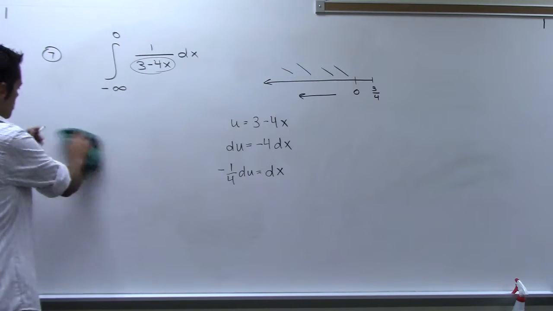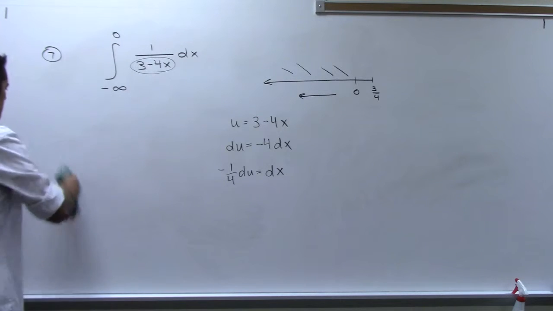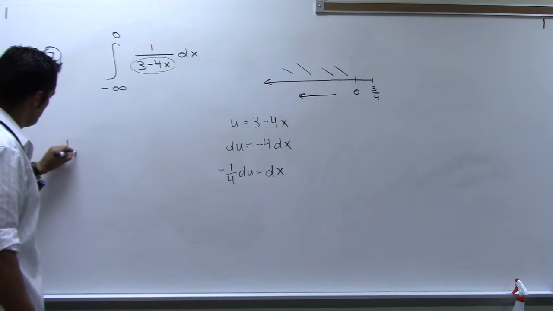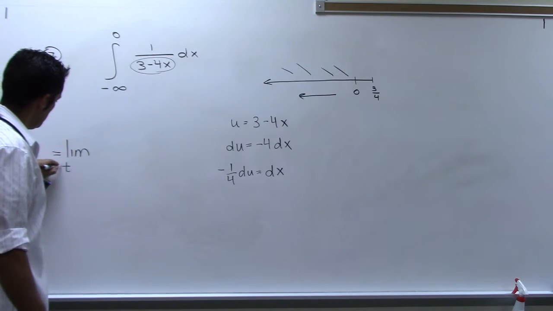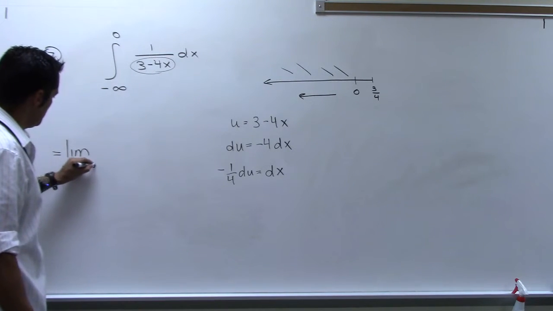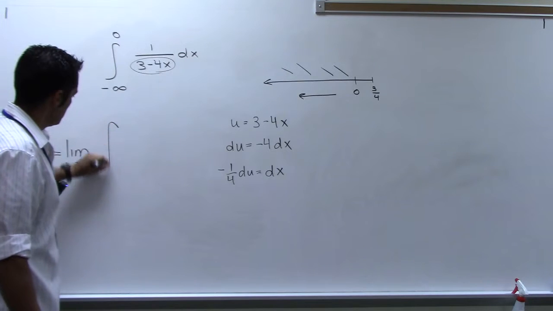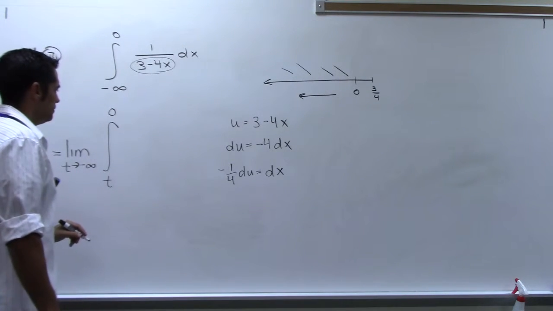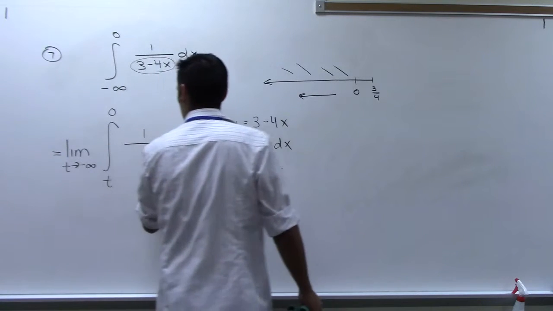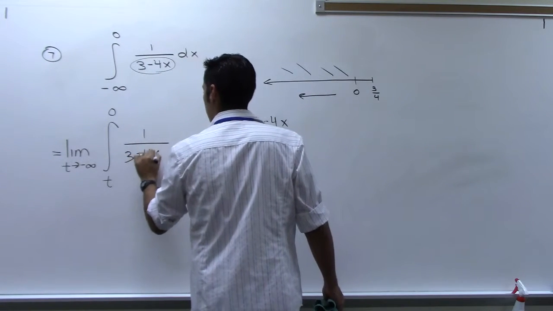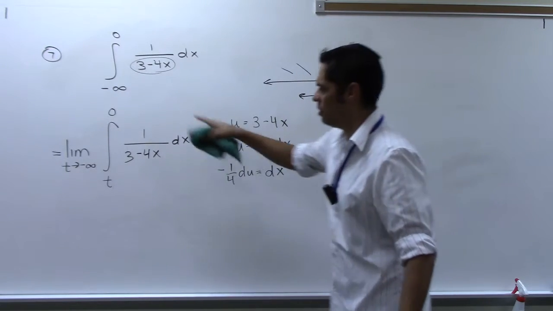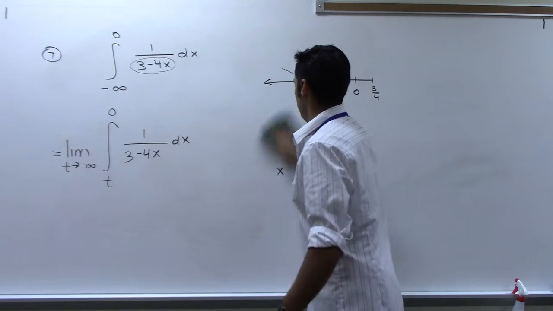So I'm going to write this down, rewrite this as the limit as t goes to -infinity of the integral from t to 0 of 1 over 3 minus 4x dx. And then using that substitution, I find the antiderivative of this.